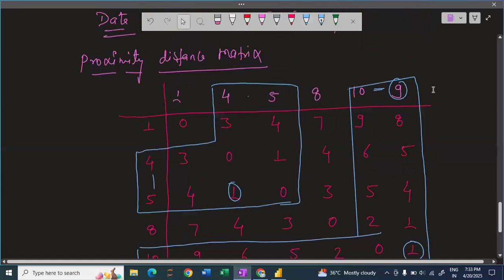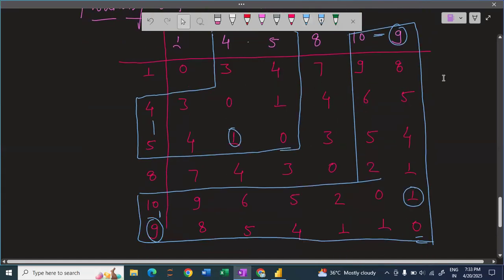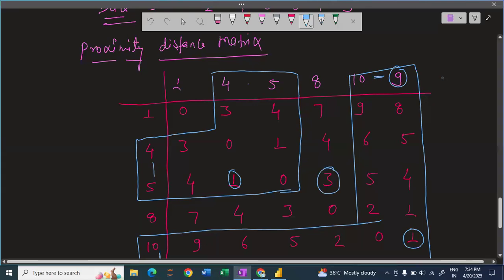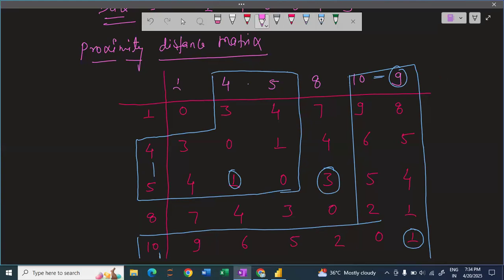Then, now what is the minimum difference? 4 and 5, and then 8. So basically, these two data points. Now this is a single cluster. So we can say 4, 5, and 8 as the minimum difference. The difference between it says 3. So I can say it will combine like this.